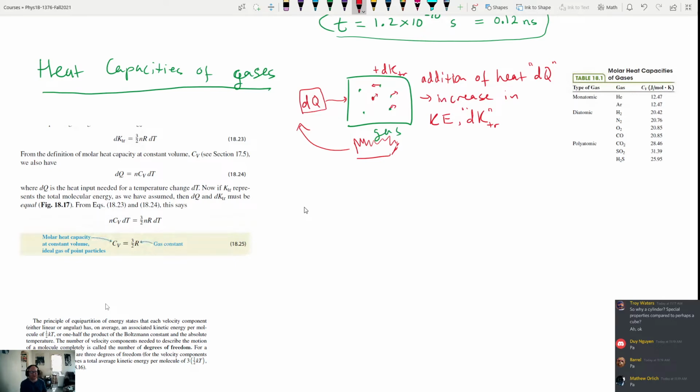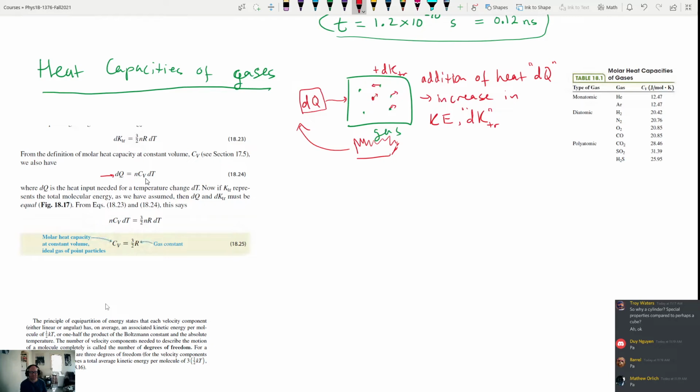And we can quantify each of these because we've now learned that when you add heat to a gas, we have this equation: dq equals the number of moles times the molar specific heat at constant volume. We're calling this Cv, the molar heat capacity at constant volume.